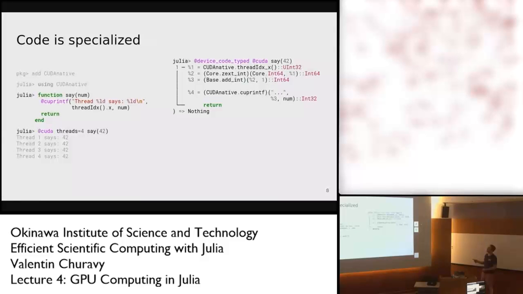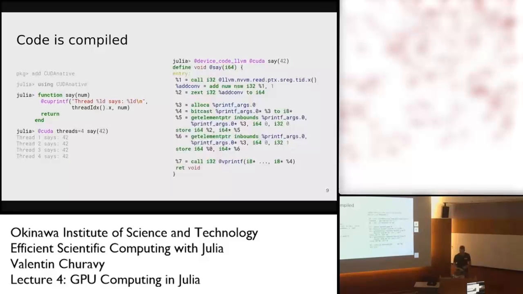And so we can ask, okay, which device code typed is executed when I'm running at CUDA say. And so this is getting the thread IDX from CUDA native and then using the base and intrinsic functions to do operations. I can also go a step further and look at what this is actually then in LLVM, similar to yesterday as well. And here we see the call to the LLVM intrinsic that gets us our thread ID.